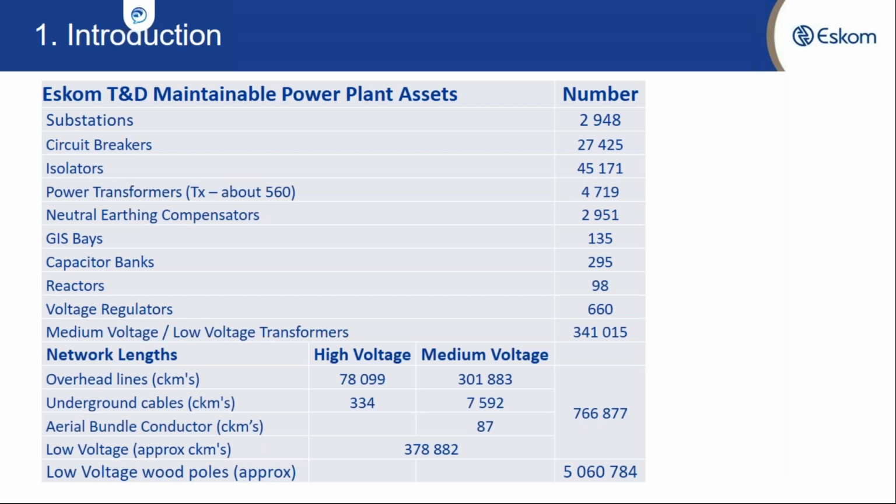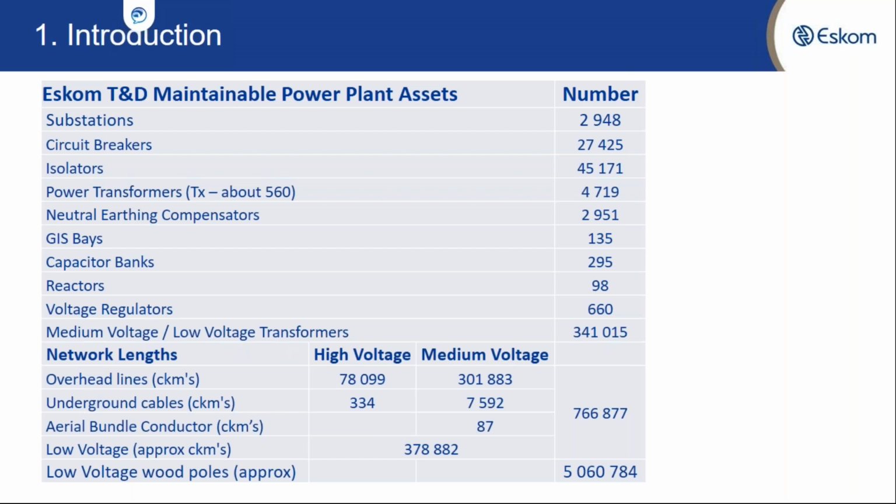So let's take a step further to comprehend the types of physical assets found within the Eskom T&D space, and also what sorts of quantities we are looking at. Let me also mention that the list is not comprehensive, as there are many other assets that we have in Eskom T&D. The substations, as you have seen in the previous picture, we have almost 3,000 of those across the country.